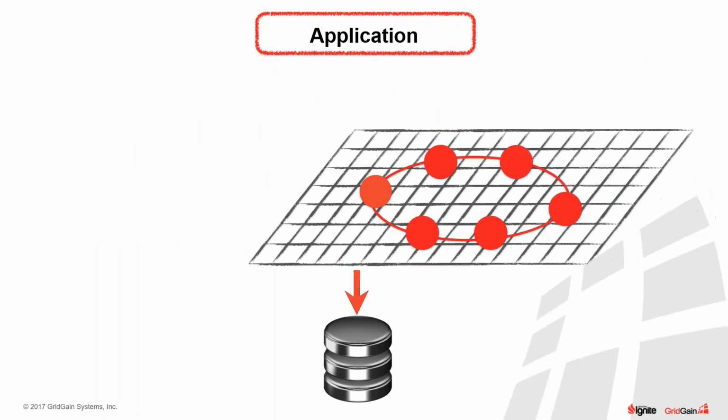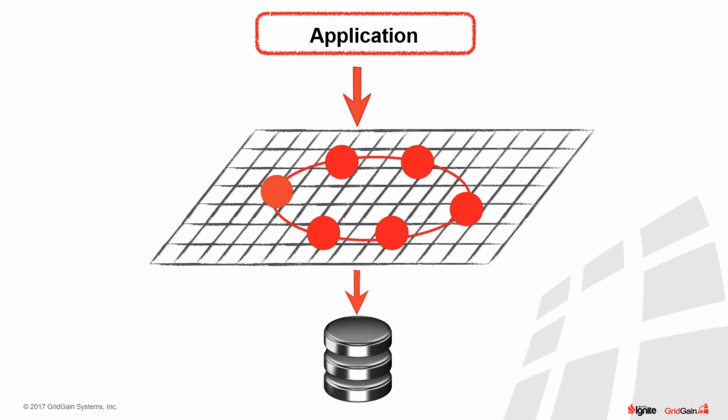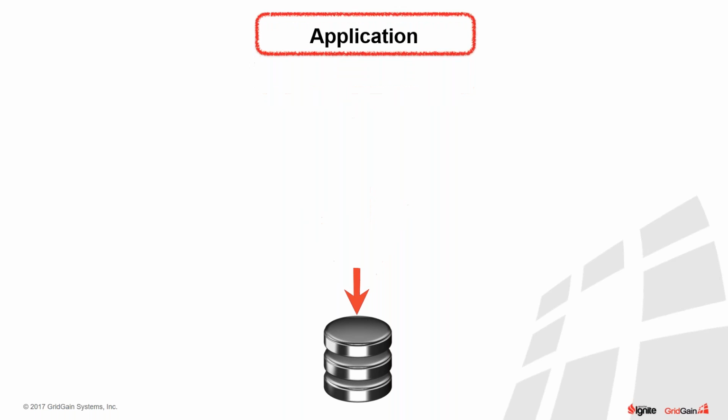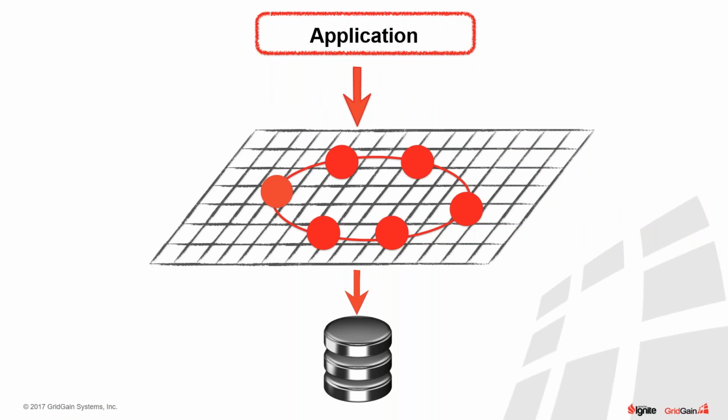All right, so I talked about sliding the GridGain data grid in between your application and your database, and that's exactly what this slide shows. You've got your database and your application, and you need better performance, so you slide us in between, and then you can access your data, now it's in RAM and distributed across our grid.